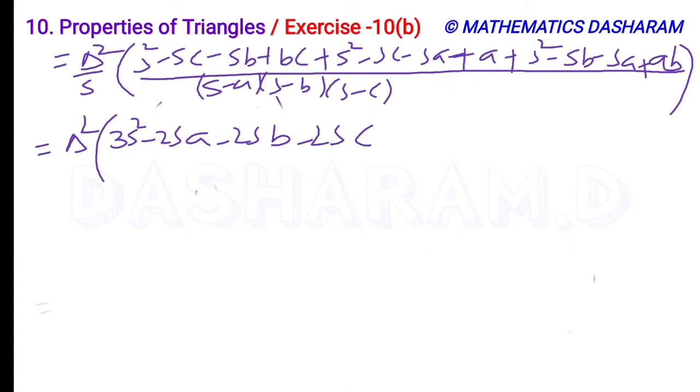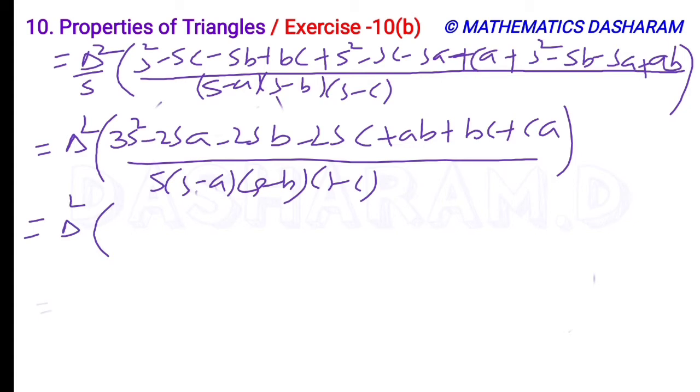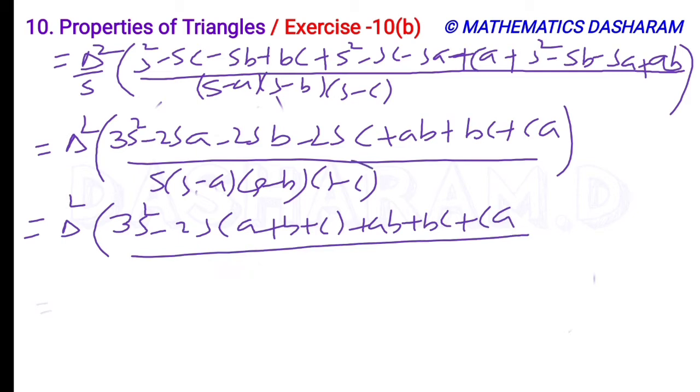Next plus ab plus bc plus ca, divided by, here s I am writing in the denominator place, so s into s minus a into s minus b into s minus c. So it is equal to delta square divided by 3s square, take the minus 2s common, so a plus b plus c plus ab plus bc plus ca.